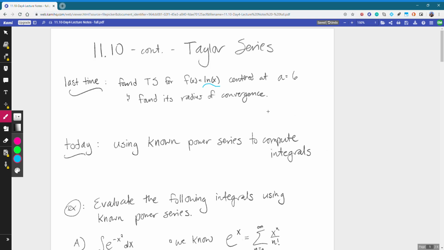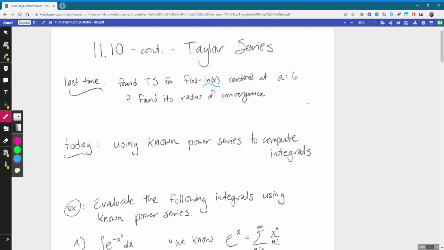Fair bit of work in doing those two steps there. We got through it. And again, the idea with centering a Taylor series at a particular value is that it gives us the anchor for where our polynomials are going to spread out from.